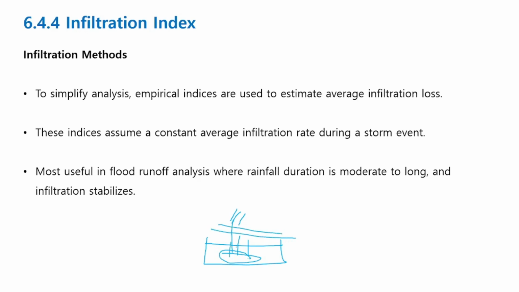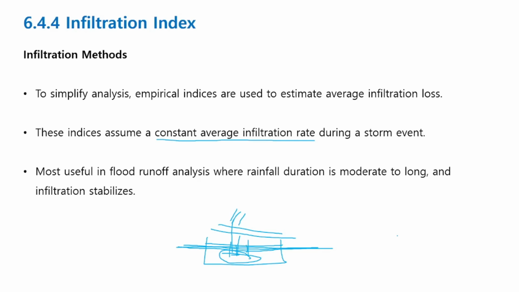We use indices to draw a standard and determine how much rainfall gets lost in infiltration and how much counts as direct runoff as it runs off along the surface. These indices assume a constant average infiltration rate during a storm event, so it will be a line like this.